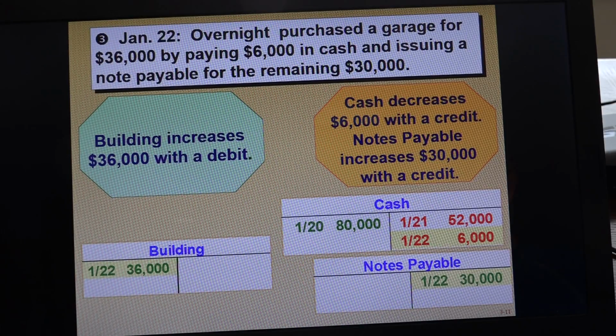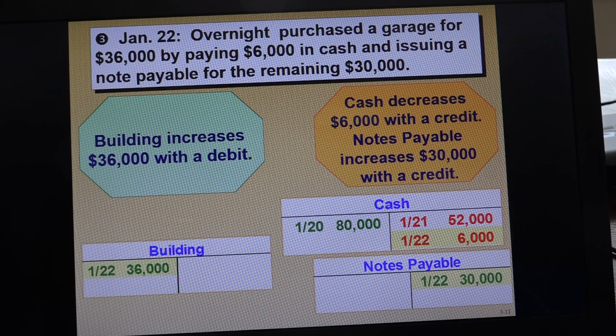Overnight purchased a garage for $36,000 by paying $6,000 in cash and issuing a note payable for the remaining $30,000. So we create a ledger account called building and debit it, increasing the building account by $36,000, and then we reduce cash by $6,000, a credit.